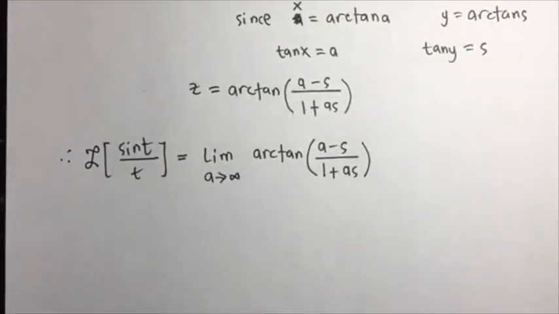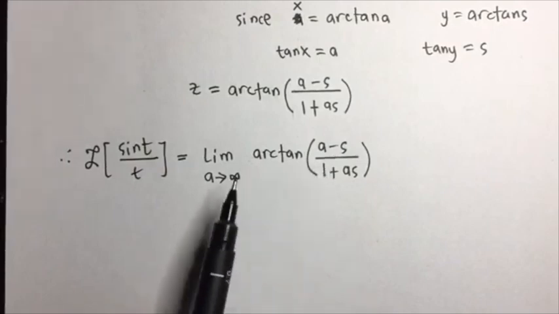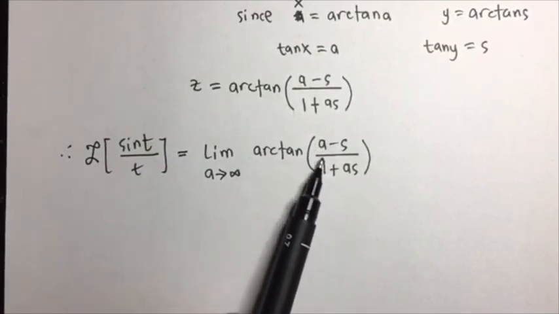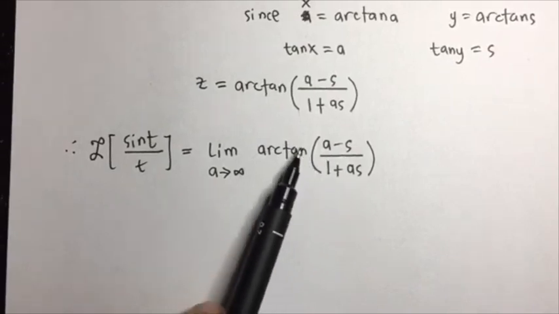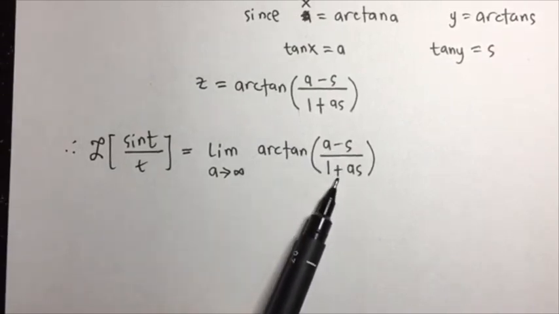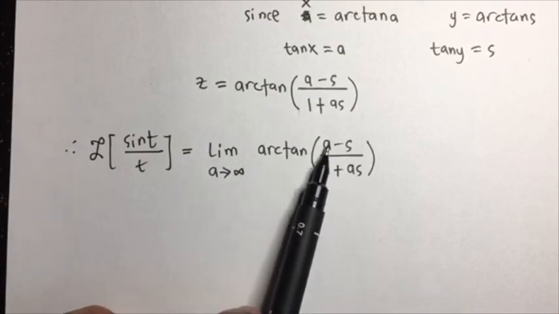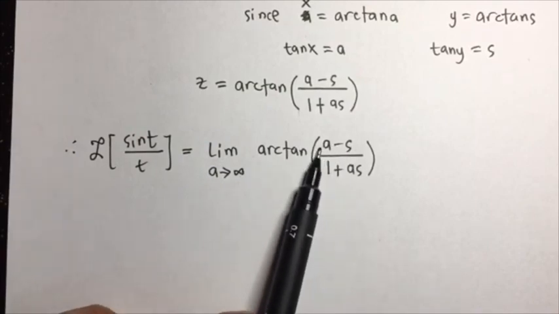Okay, so again, if we substitute infinity to a, this will still be indeterminate, because we will have infinity over infinity.